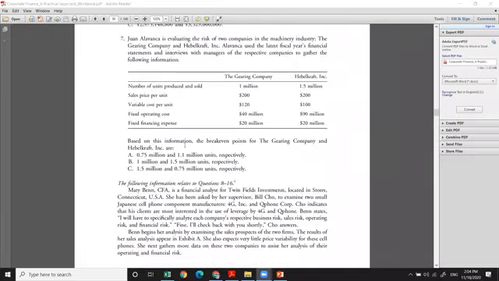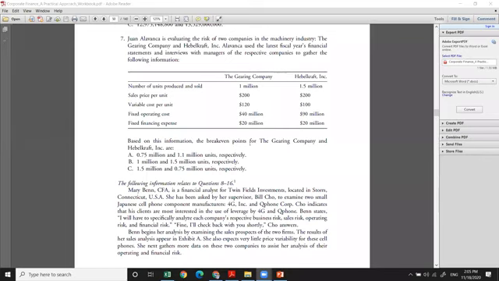Now we're moving to question 7. Question 7: Juan Alavanca is evaluating the risk of two companies in the machinery industry. Everything is given, like gearing company and help company.